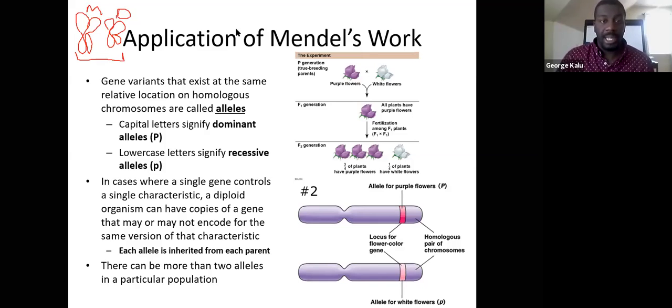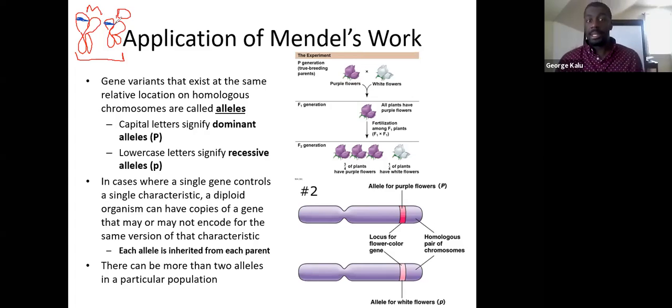Remember, in a homologous chromosome, we're going to find the same genes in the same locations. So let's say this is where we'd have a gene on mom, and then a particular gene on dad: same genes, same locations.